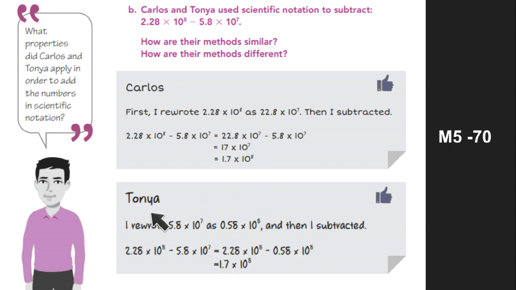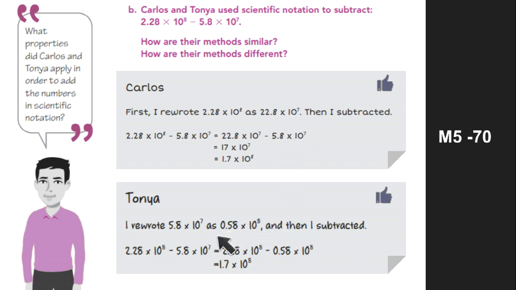Then Tanya, she rewrote the Mercury number in standard scientific notation. She rewrote 5 and 8/10 as 58 hundredths times 10 to the 8th. So she instead bumped the exponent up to 8, whereas he bumped it down.